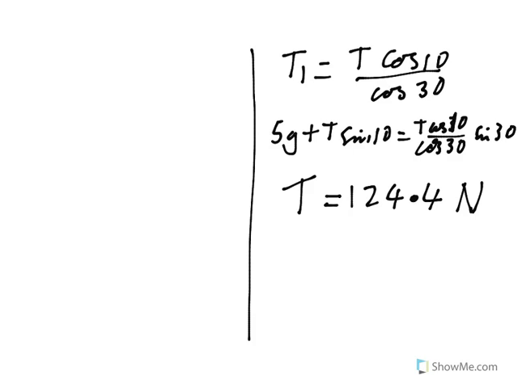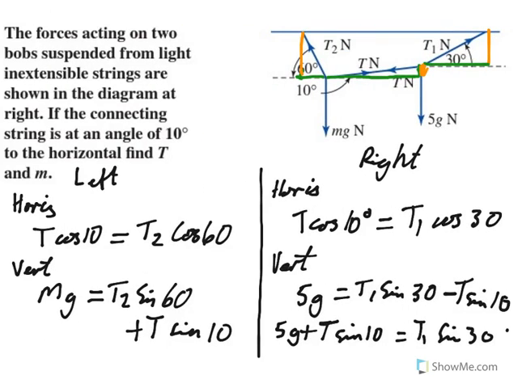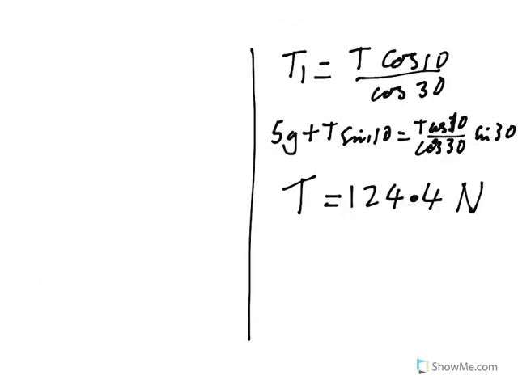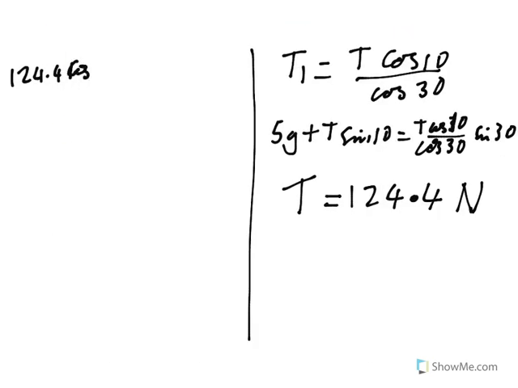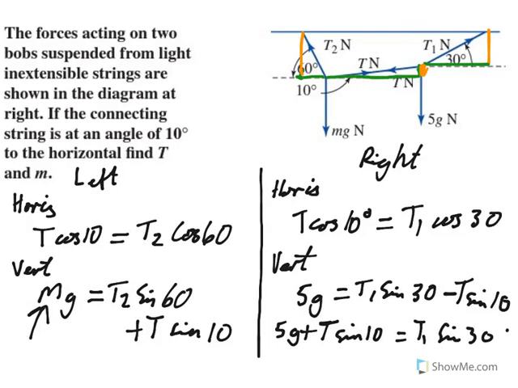Okay, so the other thing we wanted to find out was that mass here, this mass. So again, we've got another series of equations that we would want to solve, but we've already now found T, so the equations we want to solve is 124.4 cos 10 equals T2 cos 60.